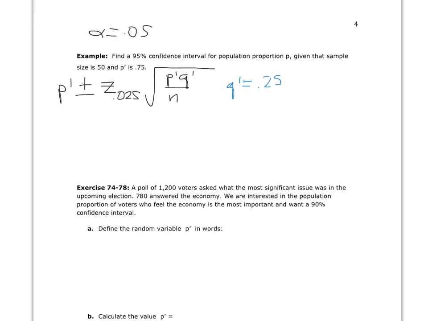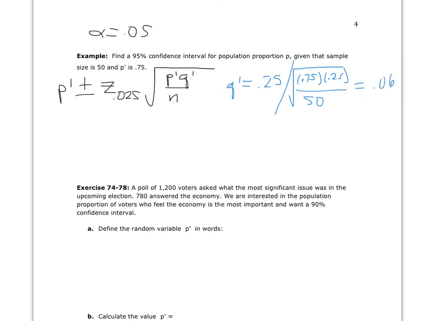And let's determine what this standard deviation is. I'm going to take 0.75 times 0.25 over N of 50, and that is equal to 0.06, approximately.